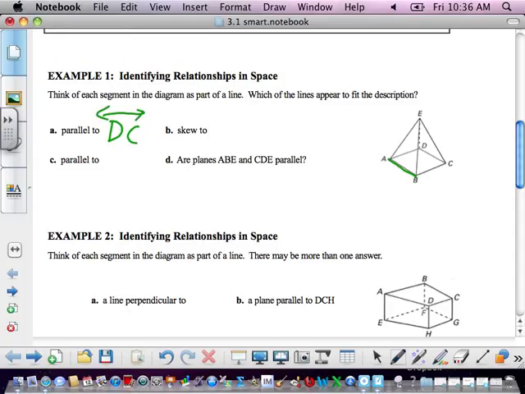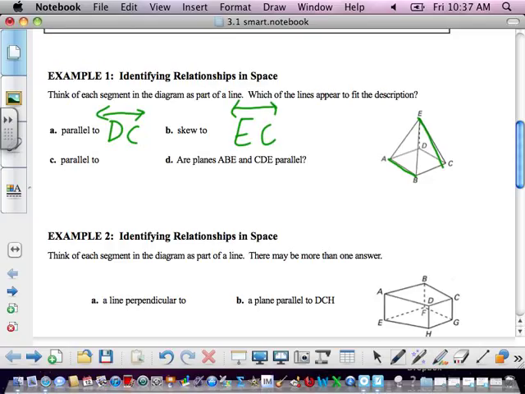Let's try raising your hands though, please. What is skew to AB? That's a new word. Want to try it, Terry? I think it's EC. EC can be one, yes. See how EC is never going to touch AB, and it's not on the same plane. It's in the back where AB is in the front.